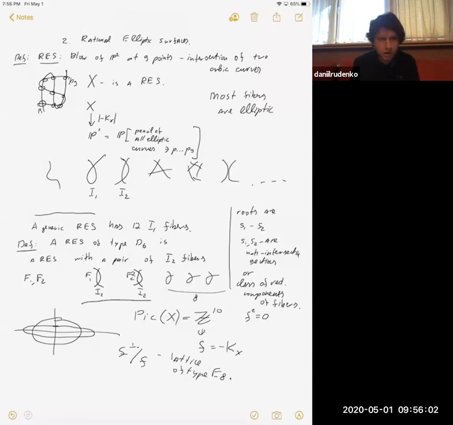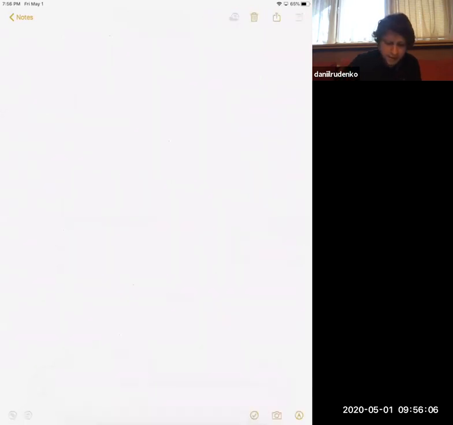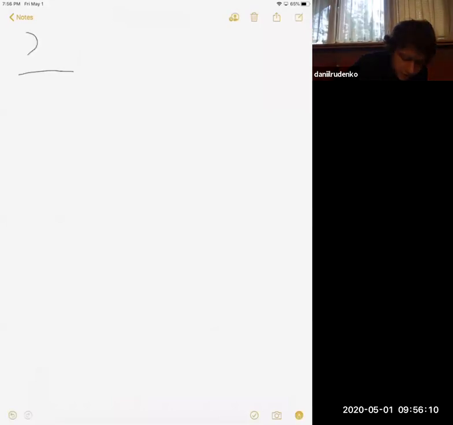Okay, so finally, let me introduce this notation. So let's suppose, again, I'm given this surface, and I have these two fibers. And so let EA and EL be the classes of a component.